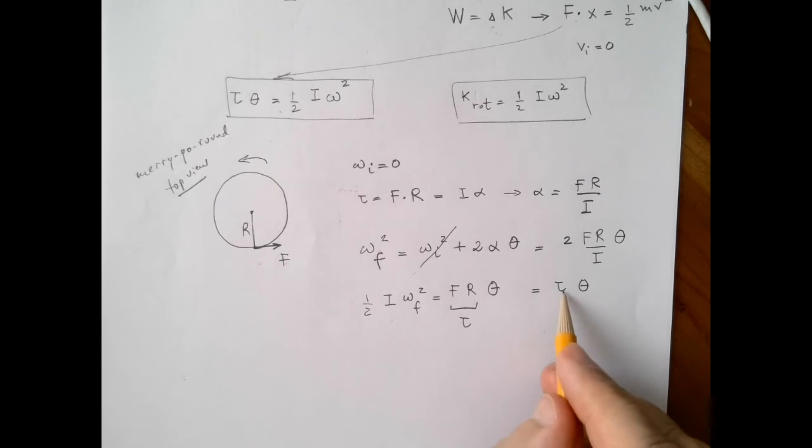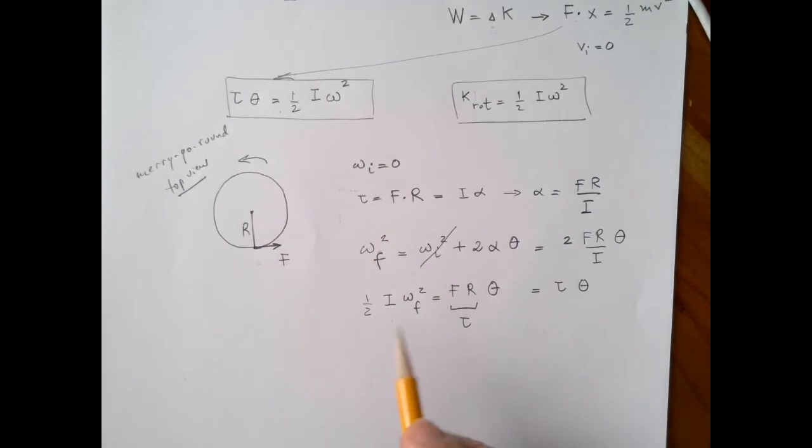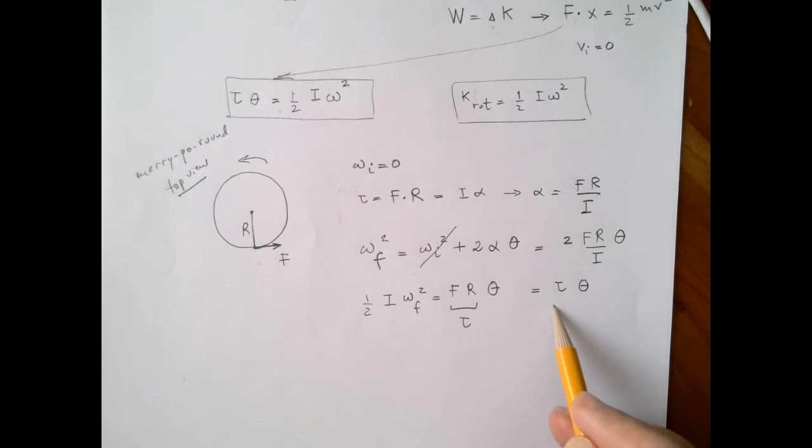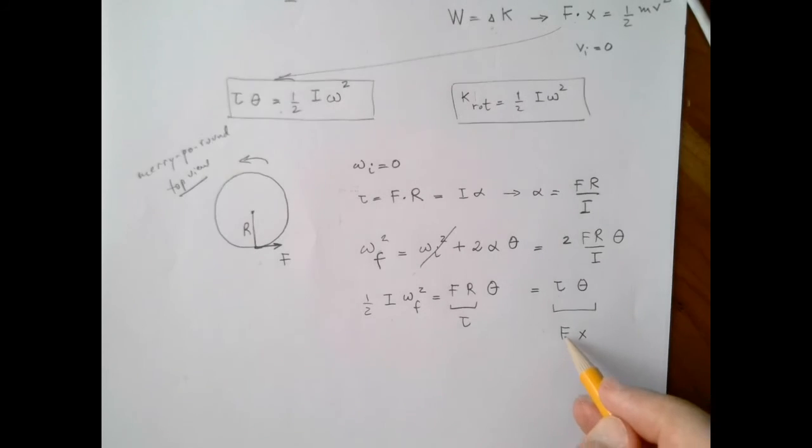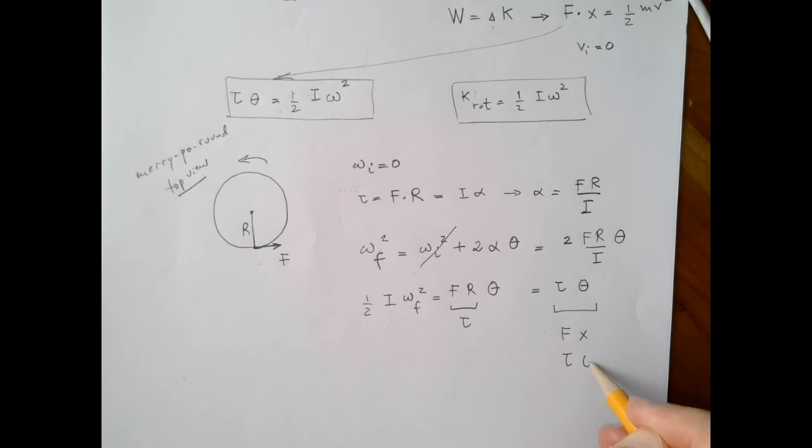So this torque multiplied by theta is the equivalent of work. But again, instead of working with F multiplied by x, I work with the torque multiplied by the angle.